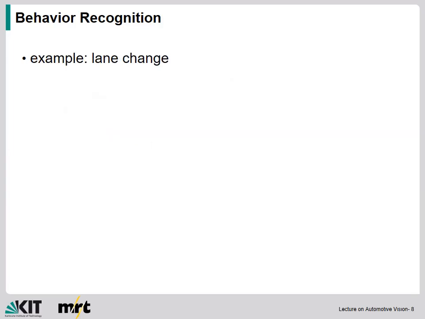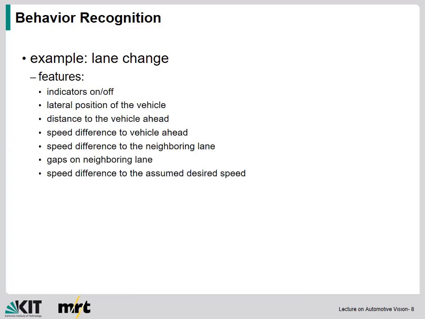Let's make that clear on an example, namely the example of a lane change on a highway, as we have seen it on the pictures in the beginning of the chapter. There are many features. For instance, we might observe the indicator lights of the vehicle. They might be switched on or off, blinking left or right. We might consider the lateral position of the vehicle. Is it close to the center line of its lane, or is it approaching the boundary of the lane?